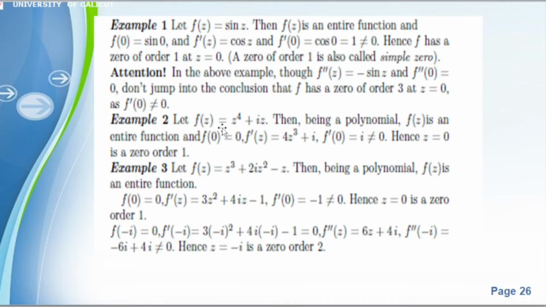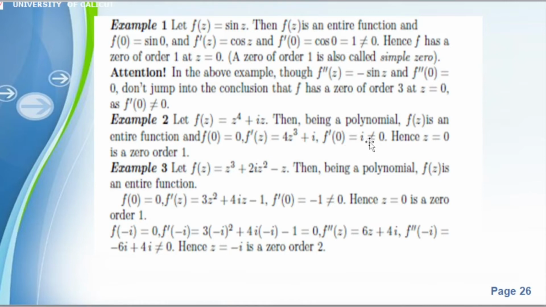If f(z) is equal to z raised to 4 plus iz, then being a polynomial, f(z) is an entire function. So we have f(0) is 0 and f dash of z is 4z cube plus i, so f dash of 0 is i, which is not equal to 0.